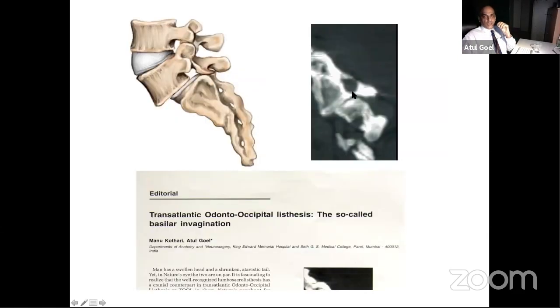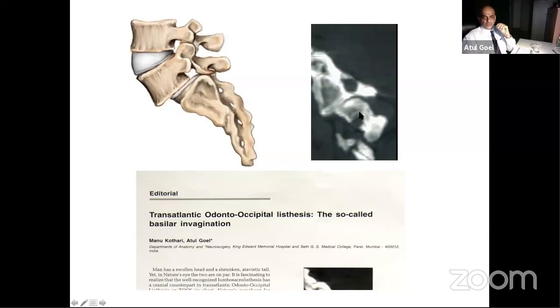So basilar invagination, a long time ago we said that this is a C1, C2 facet problem. The facet of C1 comes in front, and there is listhesis of the facet of C1 over C2, like lumbosacral listhesis. And this is due to the weakness of the muscles. There is no problem with the bone.